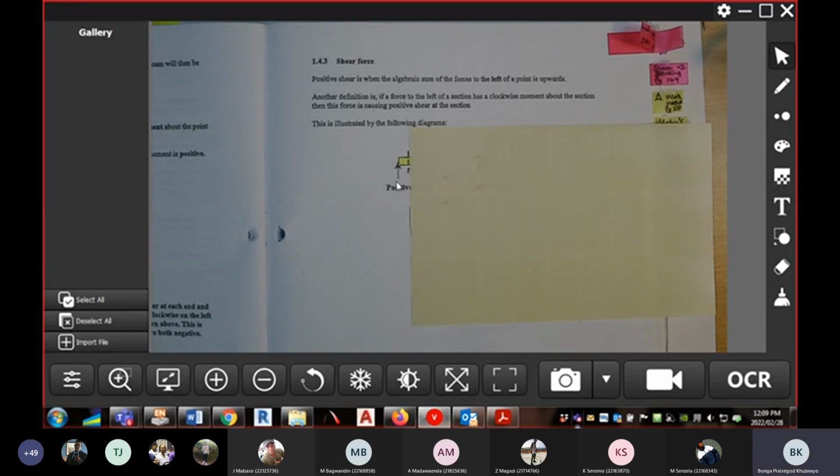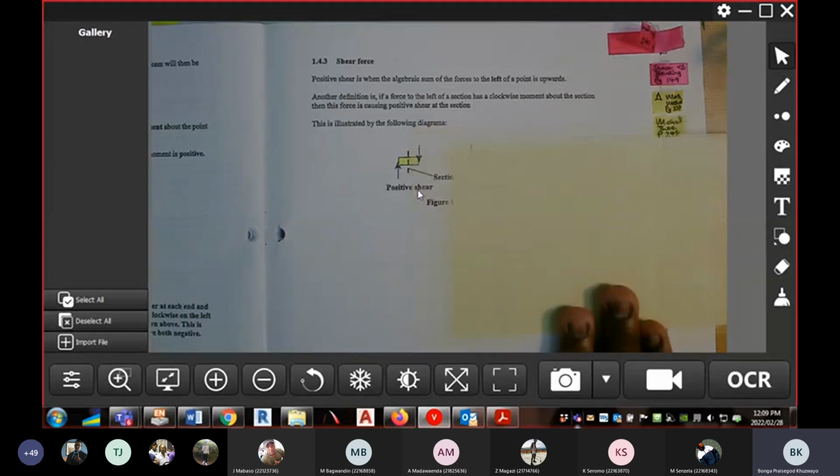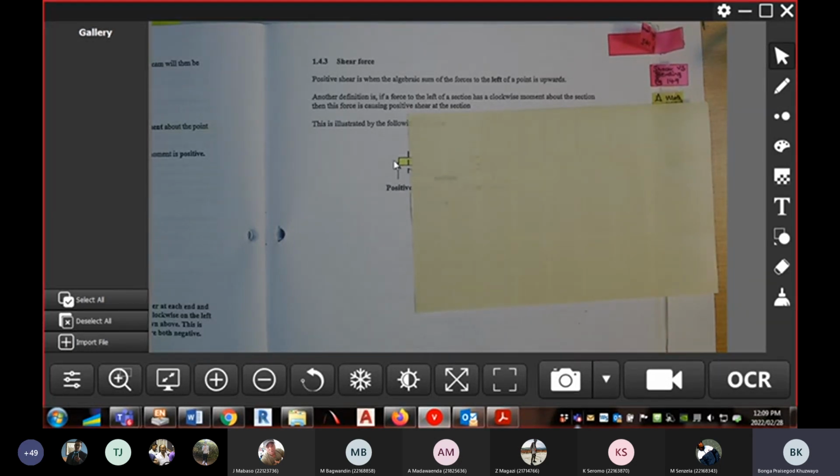What is this part showing us? It's showing us a positive shear: if the algebraic sum of the forces to the left is going up, it's taken as positive shear.